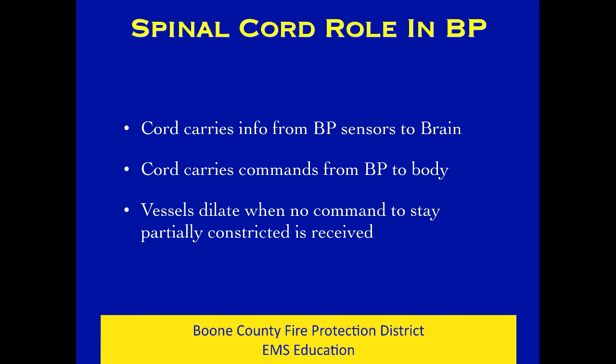So the spinal cord plays a role in your BP management. It plays a role in determining the patient's BP. The spinal cord carries info from the BP sensors to the brain to allow the brain to determine that pressure is low, and the cord carries commands back down the sympathetic chain to increase heart rate in that whole sympathetic side of the response.